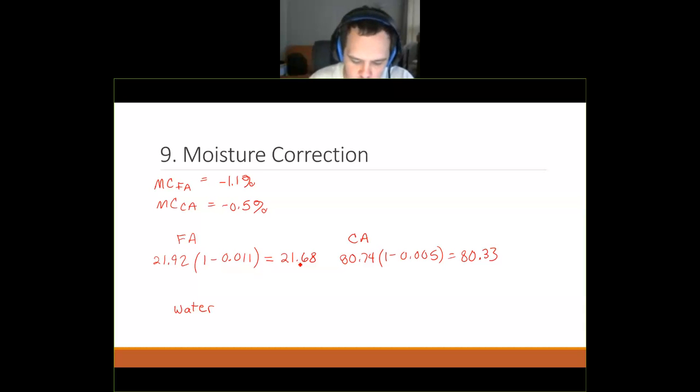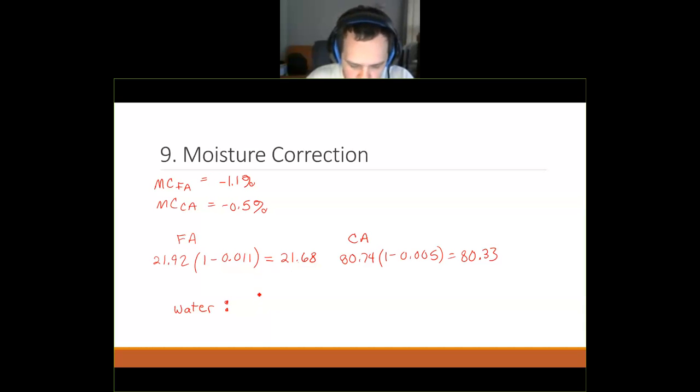So what I'm going to do here is I'm going to simply take my water and I'm going to just take the difference of my original SSD fine aggregate to the corrected aggregate.